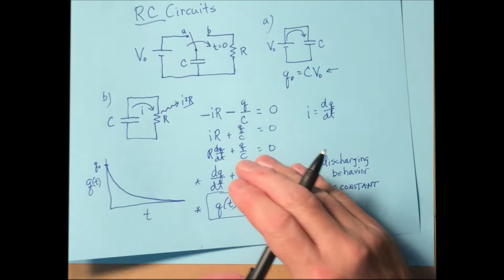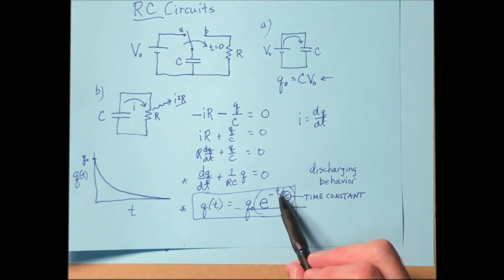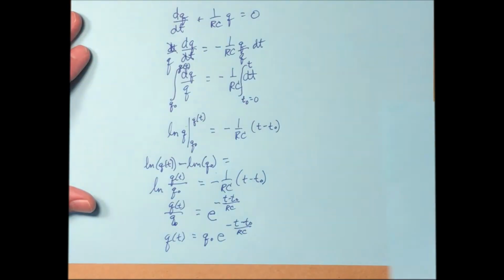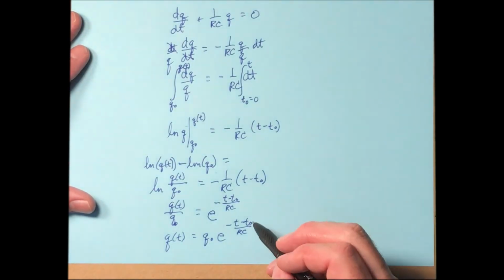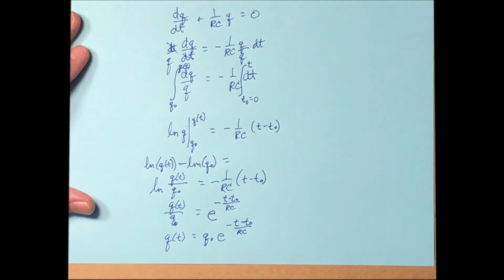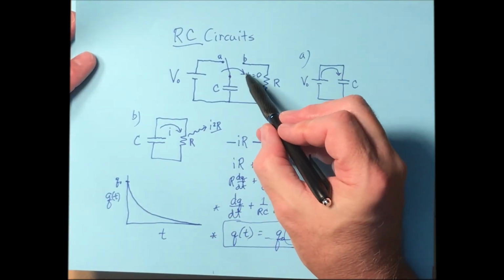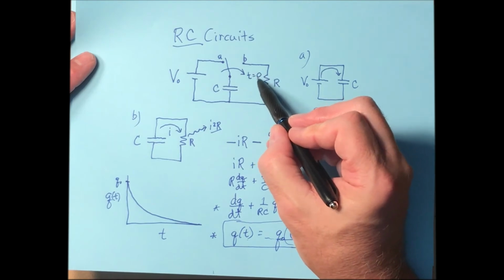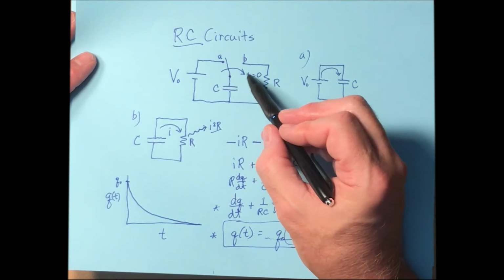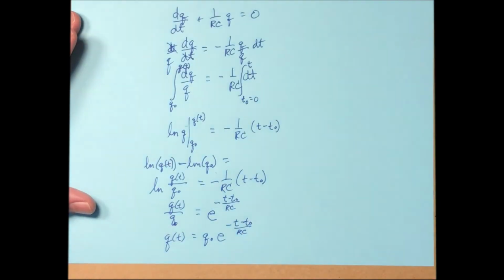which looks an awful lot like this. The difference is we've just got t on top instead of t minus t naught. Well, remember, I said this could potentially be 0, and in our example here, we chose to flip the switch at t equals 0. So our t naught, the initial time, is 0.